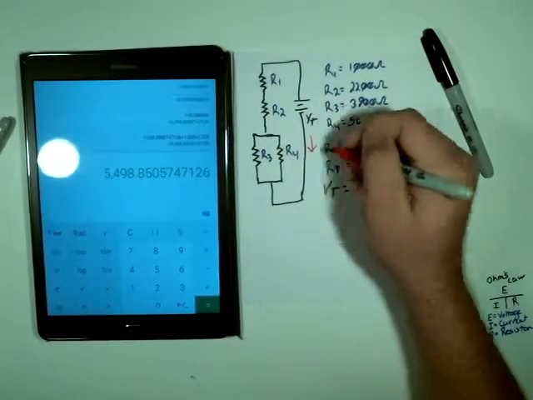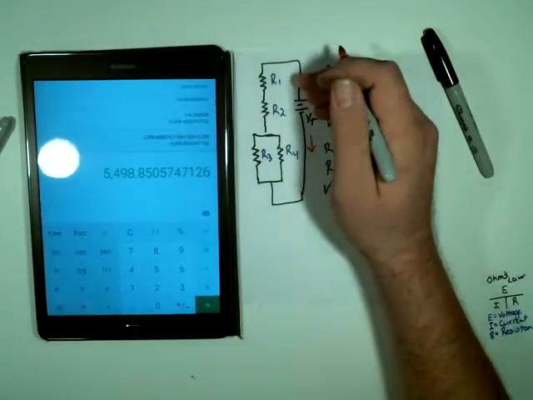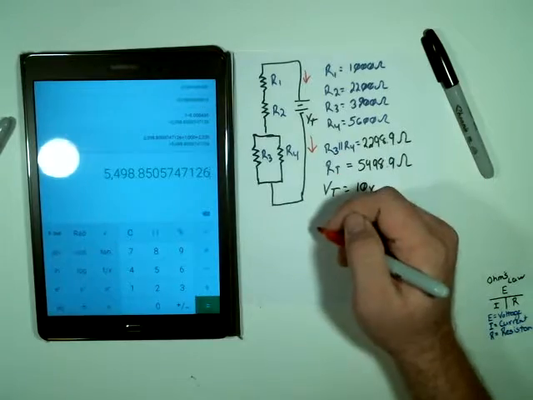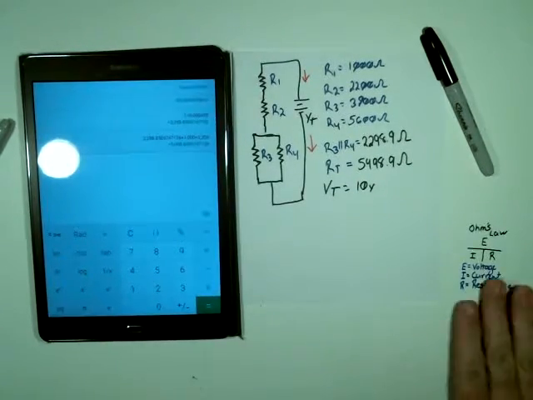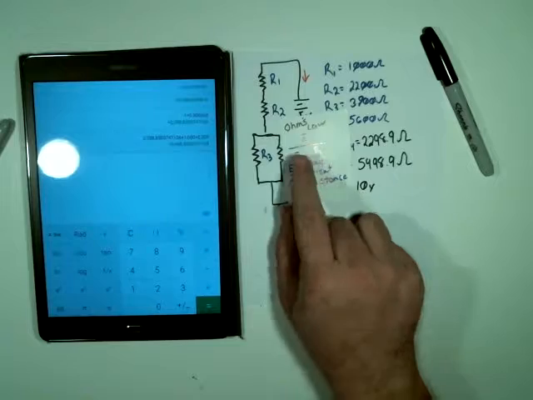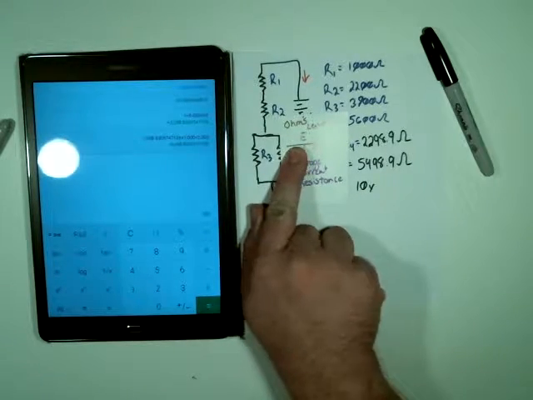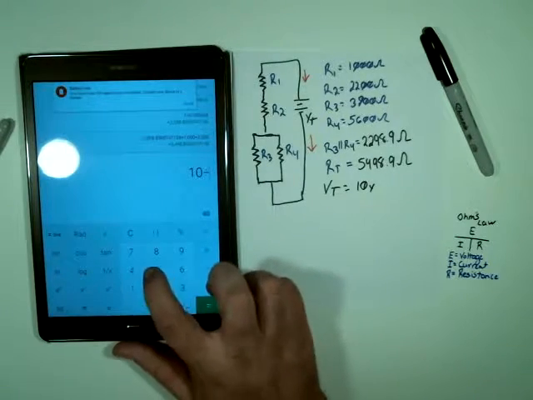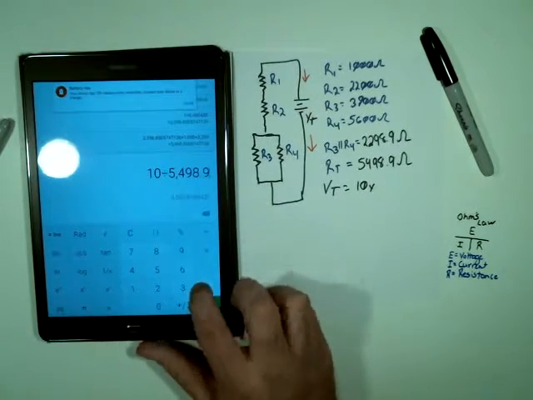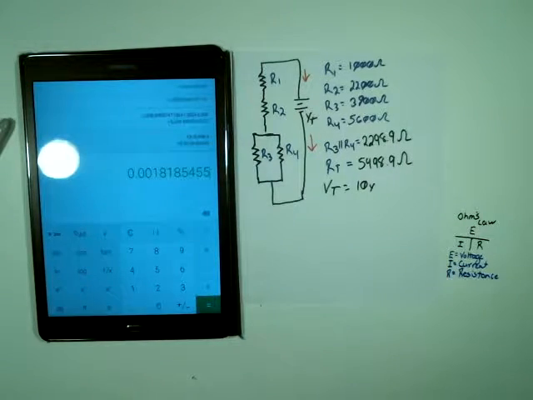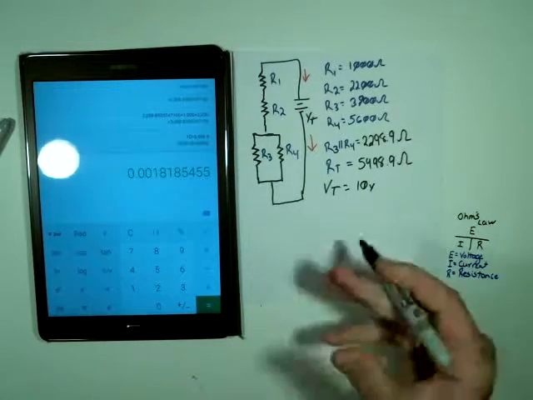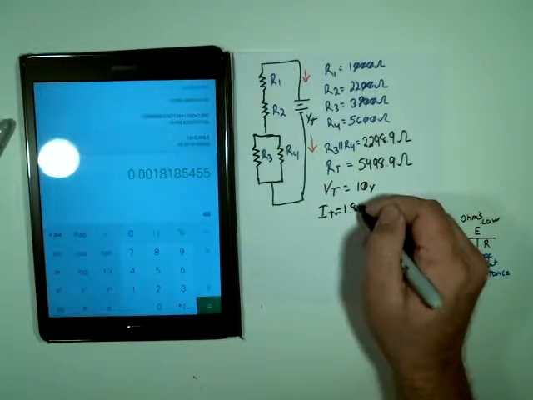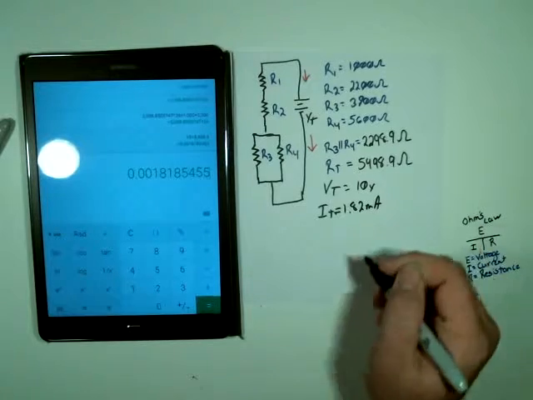That meaning the current going out of our DC, the amount of electrons going out, and the amount of electrons going in. That's easy enough. Remember, we have our Ohm's law card. We have voltage divided by resistance. So 10 volts divided by 5498.9. And that's 1.82 milliamps.